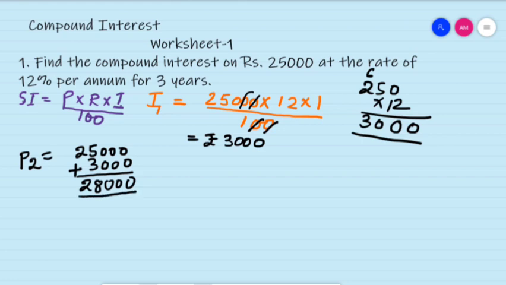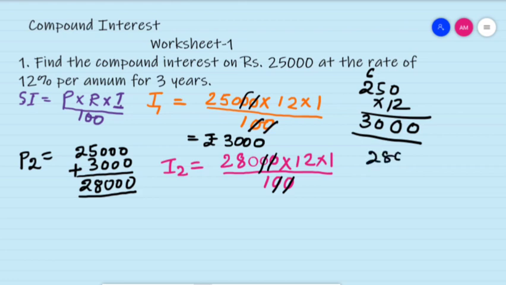So, when we will calculate interest for the second year, what we shall do? We shall use principal as 28,000. So, 28,000 multiplied by 12, and again for 1 year only, divided by 100. Now see, both zeros cancel. You are left with 280 into 12.